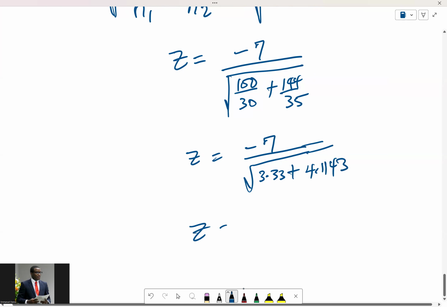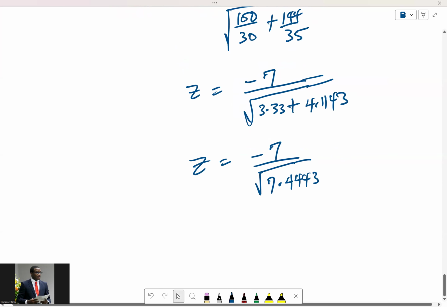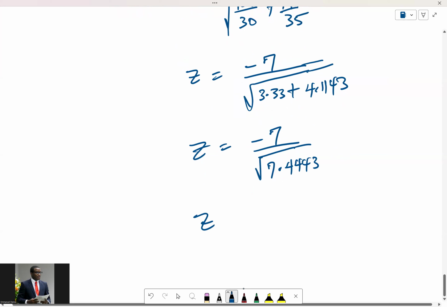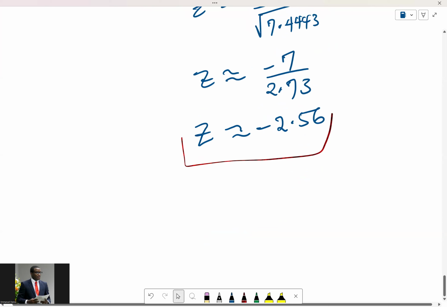So Z is equal to minus 7 over square root of 7.4443. Okay. And then Z is approximately minus 7 over 2.73, which is then Z approximately minus 2.56. So this is our Z, the test statistic.